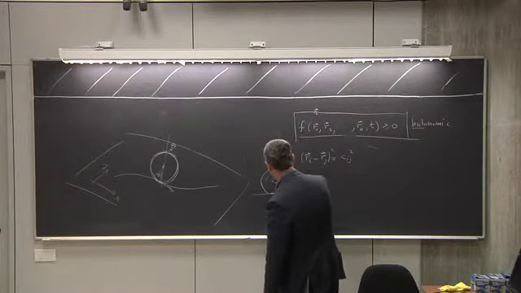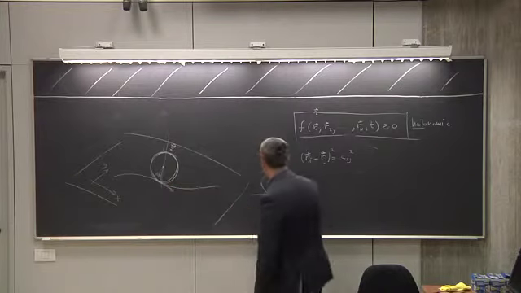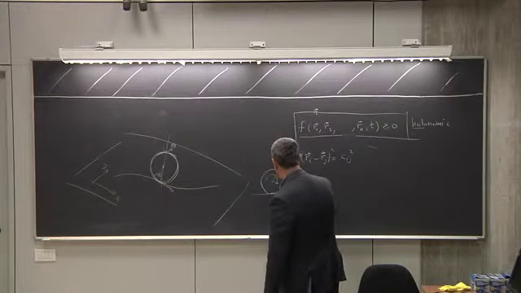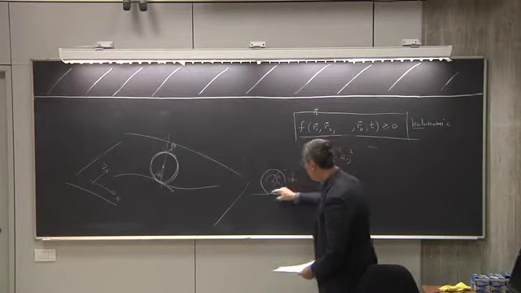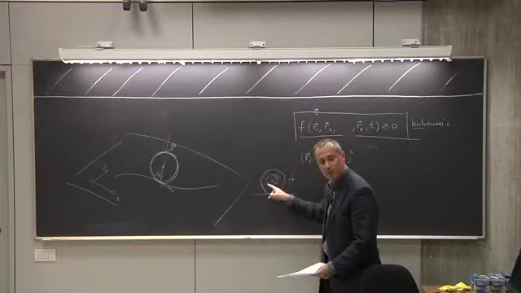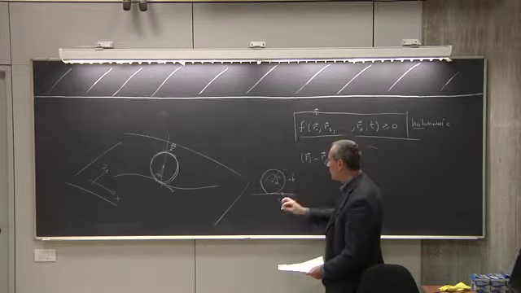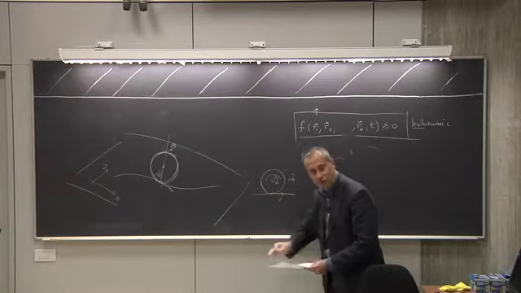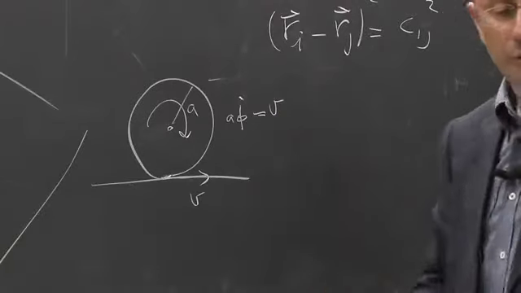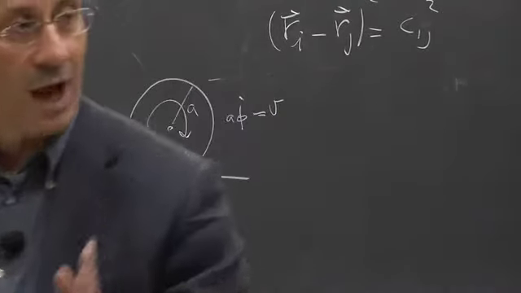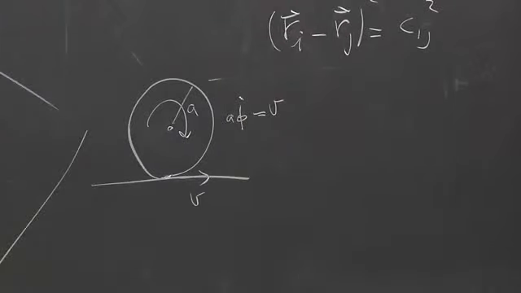So if the radius is a, and I call the angle phi, I have a phi dot, right? That is the velocity of the disk about the center must match exactly the velocity along the plane. So this must be exactly equal to v. In this case, you have rolling without slippage.